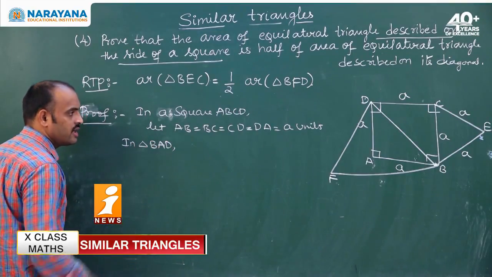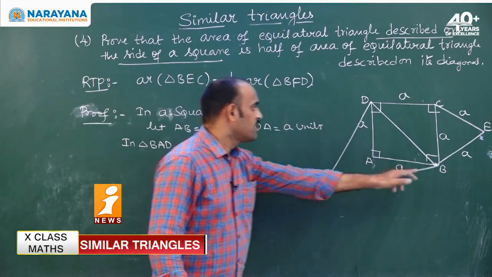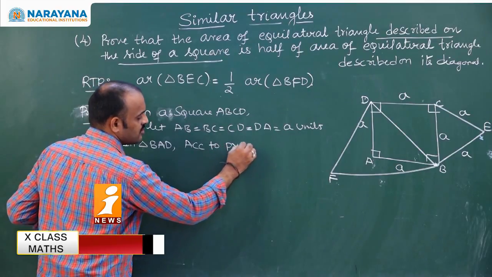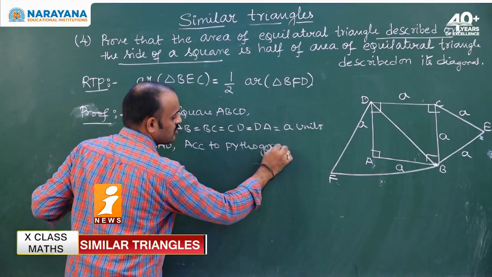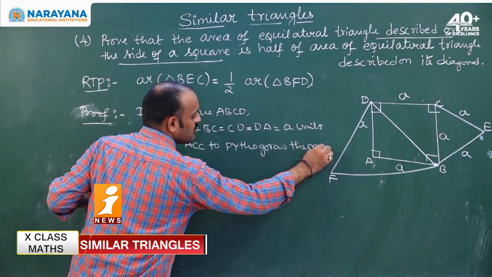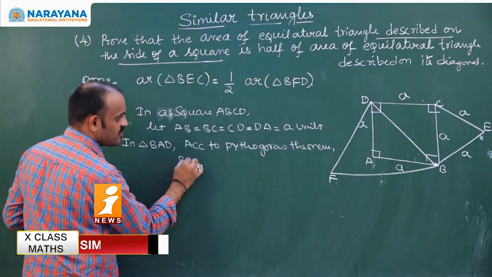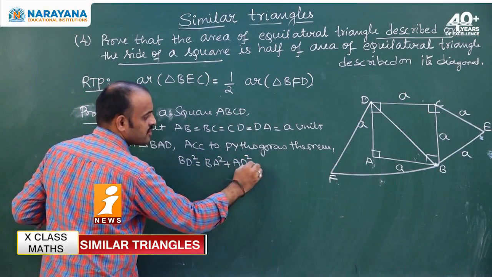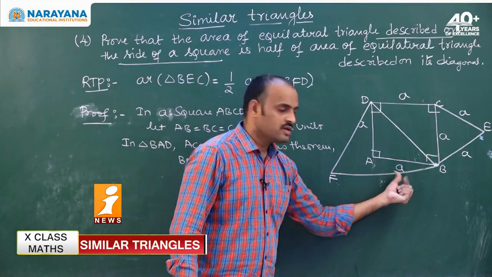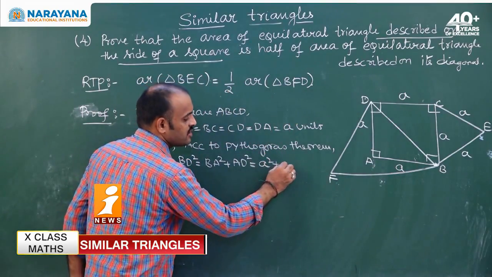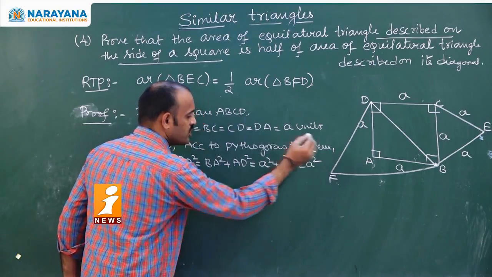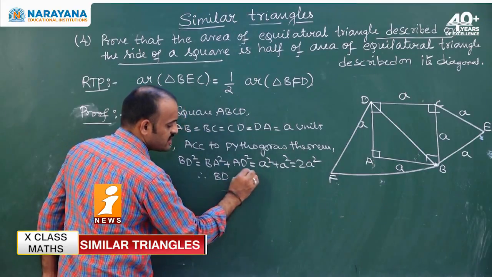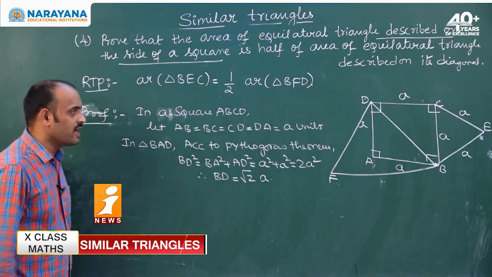In triangle BAD, according to Pythagoras theorem, BD square is equal to BA square plus AD square. What is BA square? A square. What is AD square? A square, which is 2A square. Therefore, BD is equal to root 2 times A.